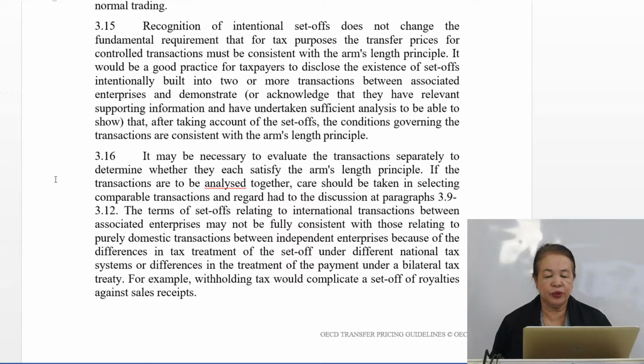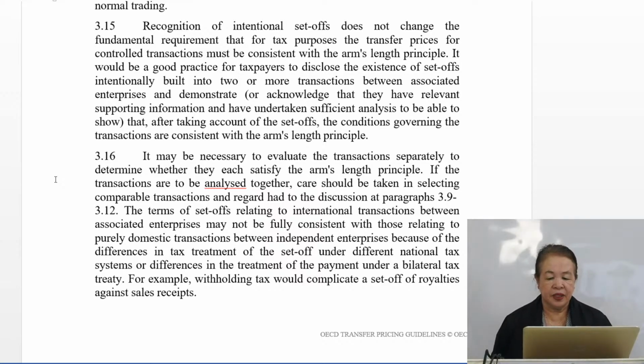So it would be good practice for taxpayers to disclose the existence of set-offs intentionally built into two or more transactions between associated enterprises and demonstrate or acknowledge that they have relevant supporting information and have undertaken sufficient analysis to be able to show that after taking account of the set-offs, the conditions governing the transactions are consistent with the arm's length principle. No?